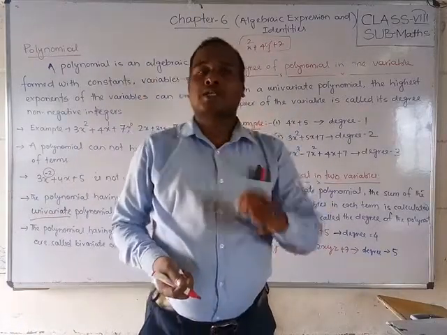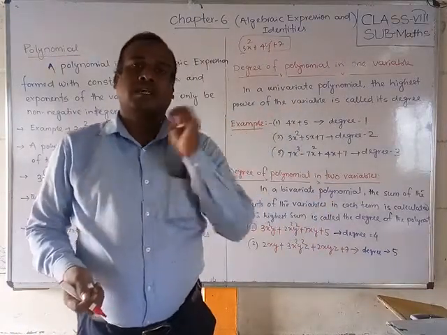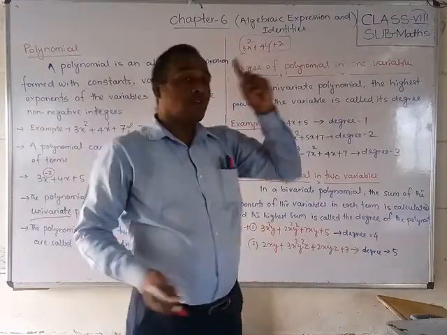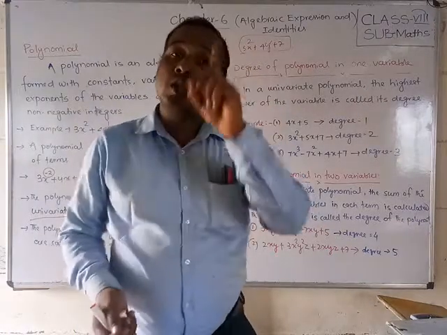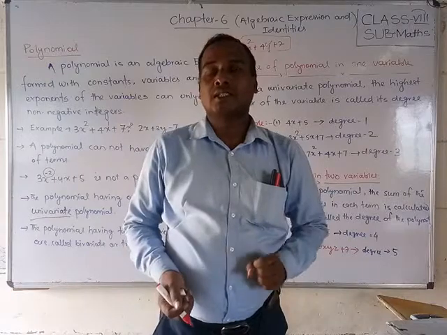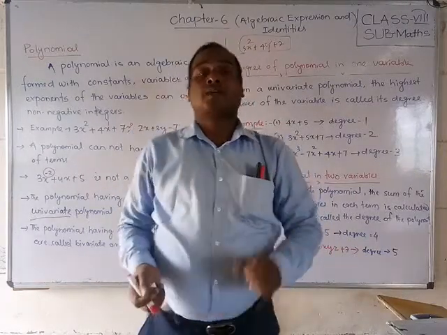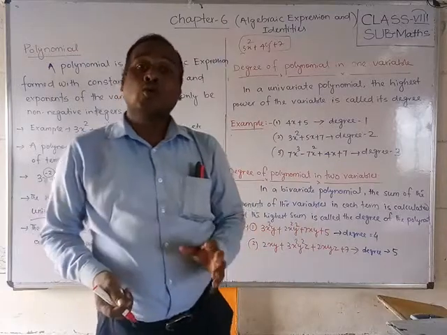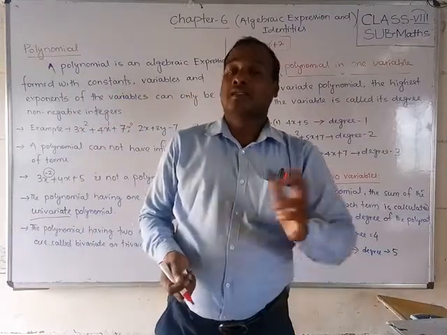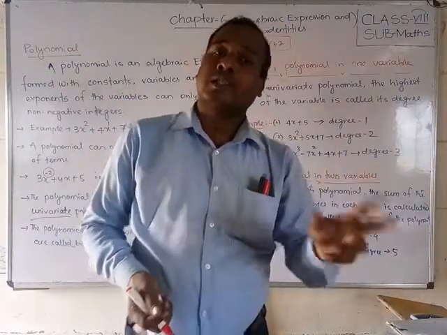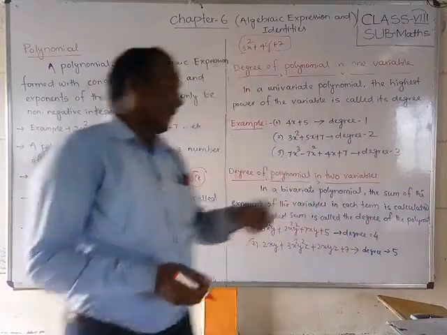There are two variables, x and y. So a polynomial which contains only one variable is called a univariate polynomial. And if a polynomial contains two variables, it is called a bivariate.